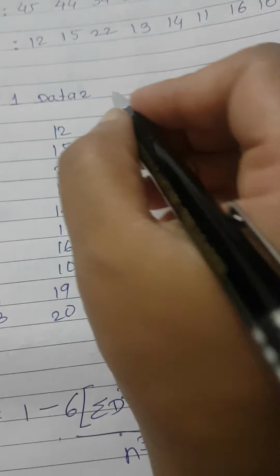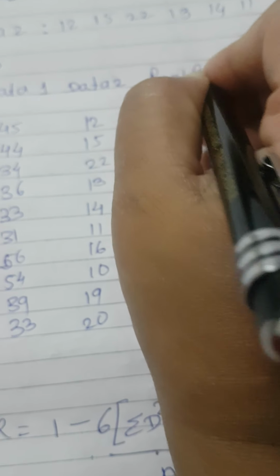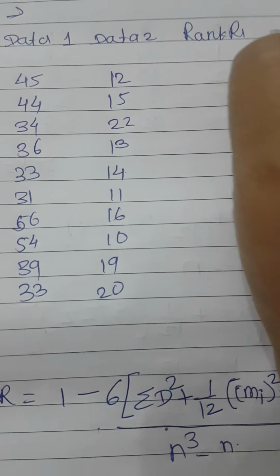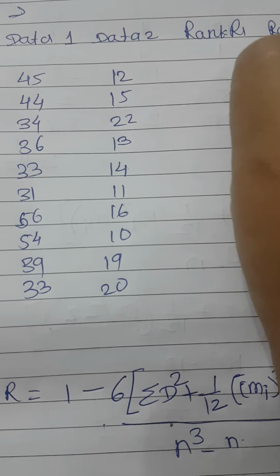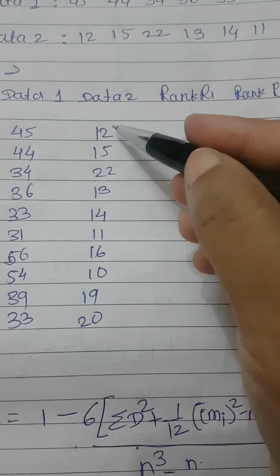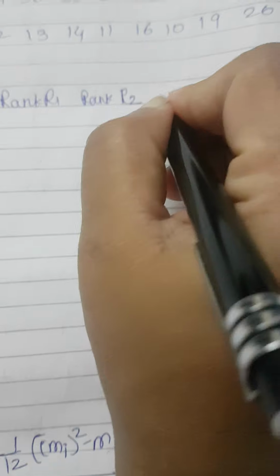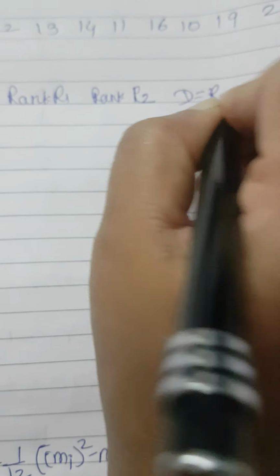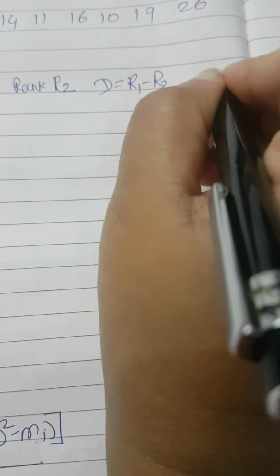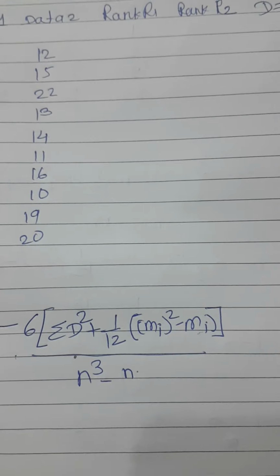For d we need rank 1, R1, which is the rank for data 1, and rank 2, R2, the ranking for data 2. D is equal to R1 minus R2, and then we need D square, and the summation of D square.